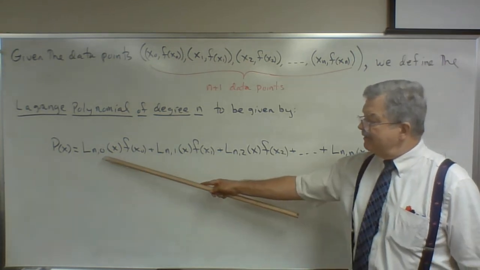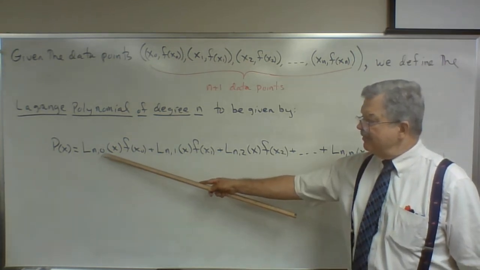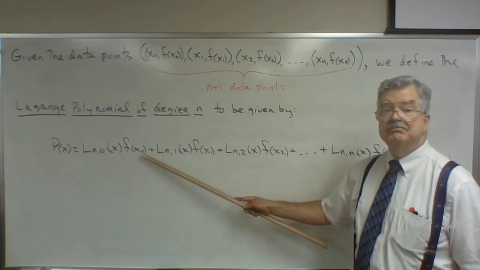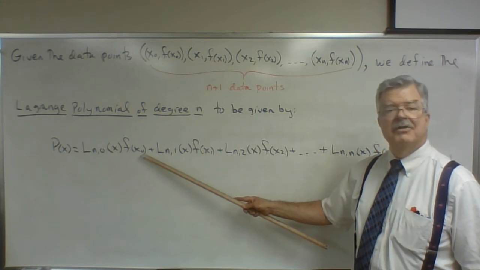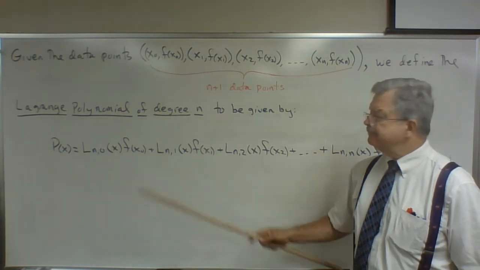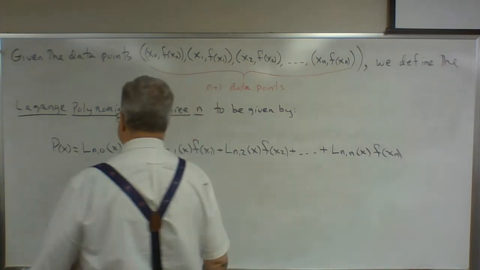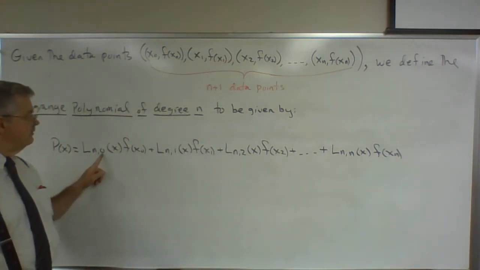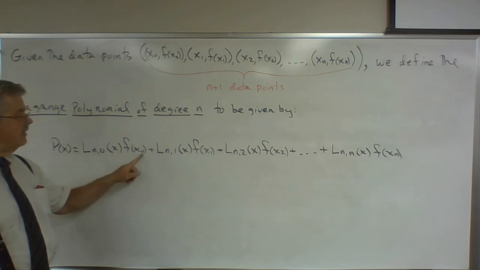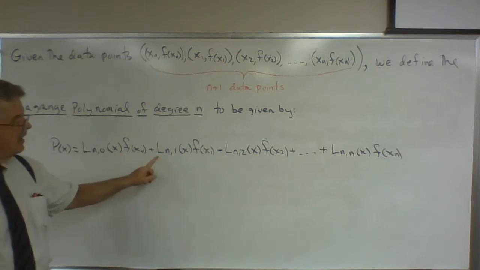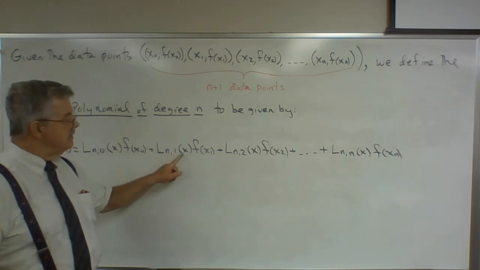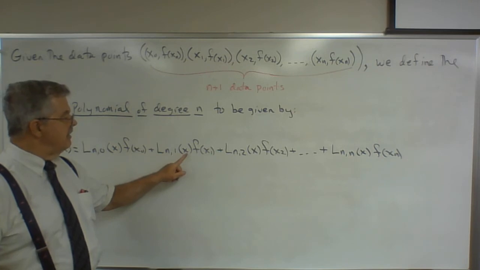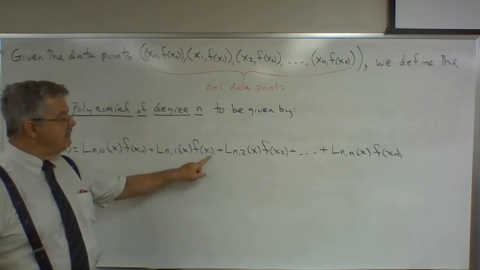The second subscript matches the subscript of the y value of the data point. So we have L sub n comma 0 of x times f of x0, L sub n comma 1 of x times f of x1.